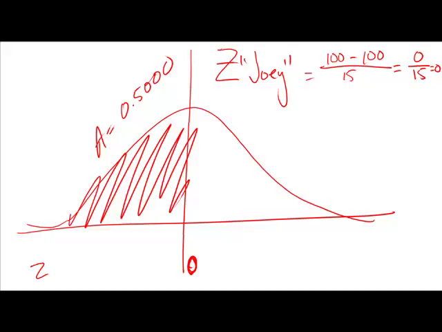Let's try to look up Einstein. Einstein's z-score was 4. The table doesn't even go that high. The table goes up to 3.49, because you got 3.4 in the rows, and then the 9 digit in the column.